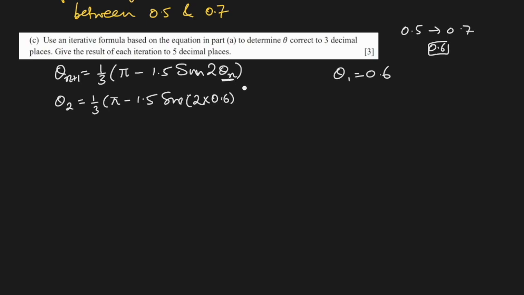In place of theta n, which is theta 1 now, we write this, put it in a calculator and we get the answer. What I'm getting here is 0.58118. They said 5 decimal places for each iteration, so 5 decimal places here. Now similarly, theta 2 becomes the theta n for theta 3, and we will repeat this process, and I am going to fast forward this video so that you can save some time.